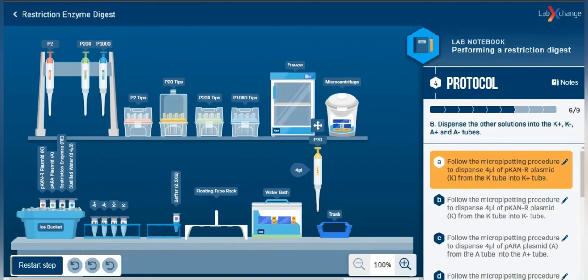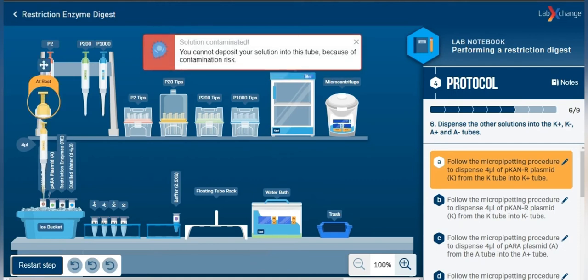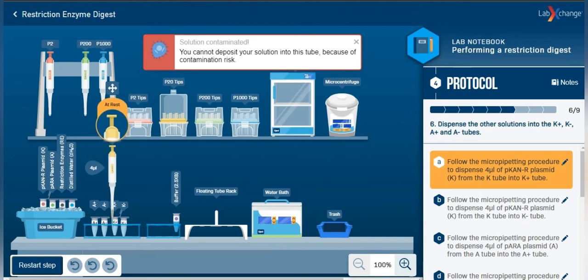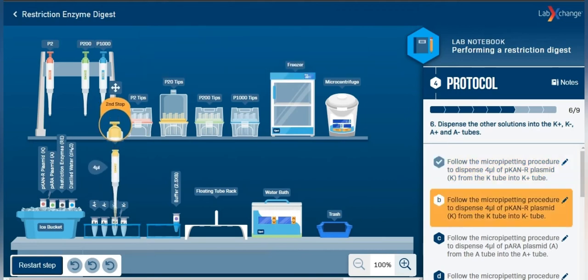The next step is dispense the other solutions to the K plus, K minus, A plus, and A minus tubes. Follow the micropipetting procedure to dispense 4 microliter of pKanR plasmid K from the K tube into K plus tube. Check the tip.